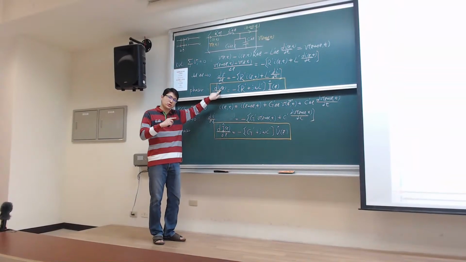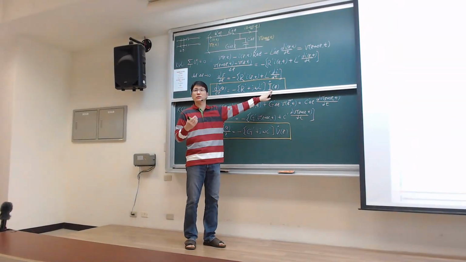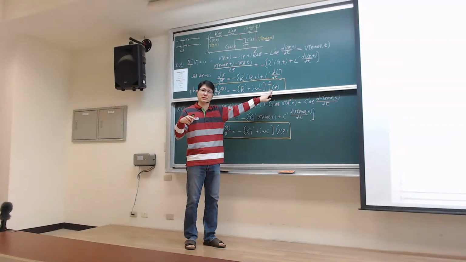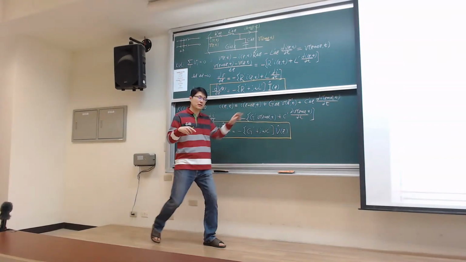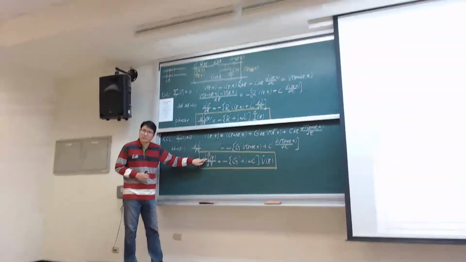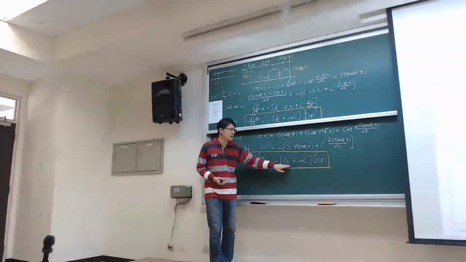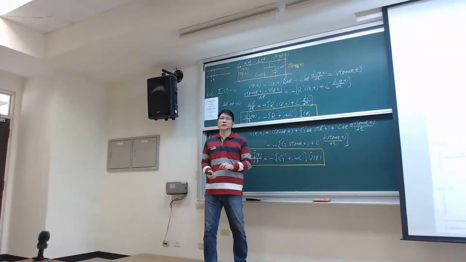But that voltage as a function of space is somehow related to the current as a function of space. The second equation is telling you a very similar thing. The current as a function of space is somehow governed by voltage as a function of space.